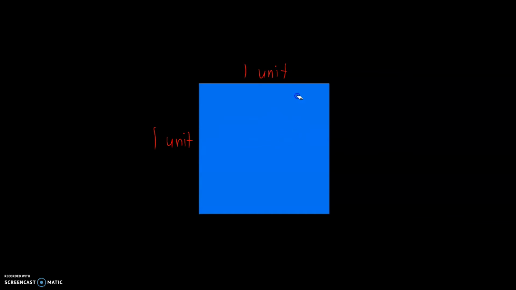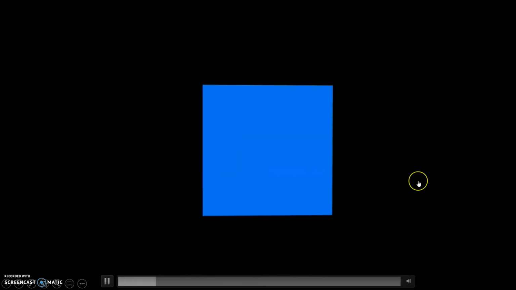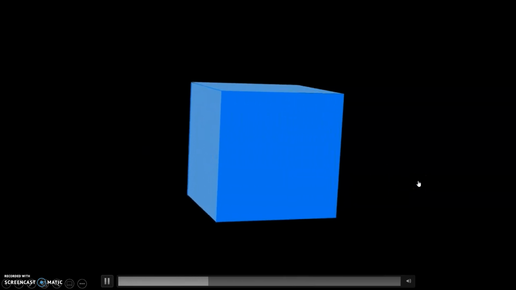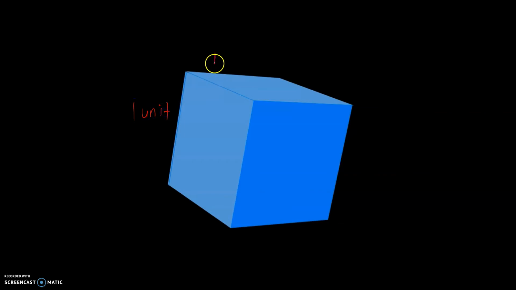Now imagine that I will extend this figure by a distance of 1 unit, like this one. So we will now have 1 unit, another 1 unit, and another 1 unit. Now this creates a figure called cube.